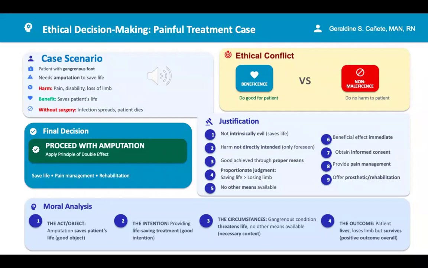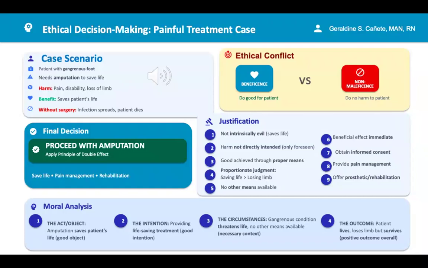Next, the good effect, which is saving the patient's life, is not achieved by means of the bad effect alone, by amputation. In fact, the benefit of saving the patient's life outweighs the harm of losing a limb, and there are no other means available. Amputation is the only way to stop the infection from spreading.